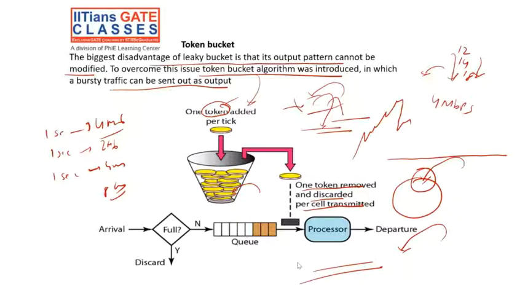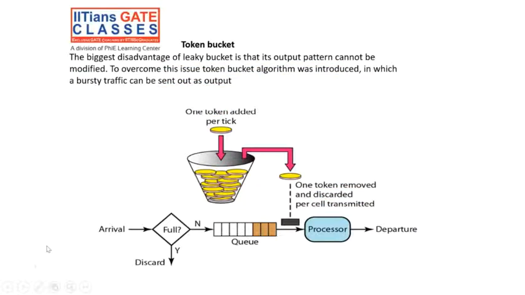This is very important and also a little bit tricky. If you got it, that's fine, good. Now, what is the arrival rate of the token? In the algorithm we are using some variables. Token means a variable in the algorithm. On one tick we add one token.